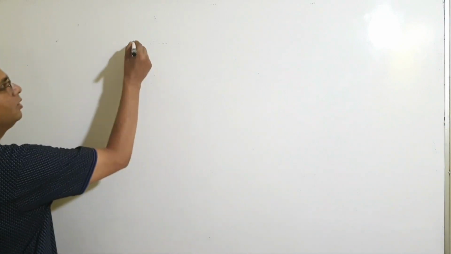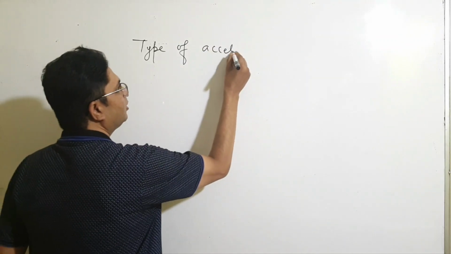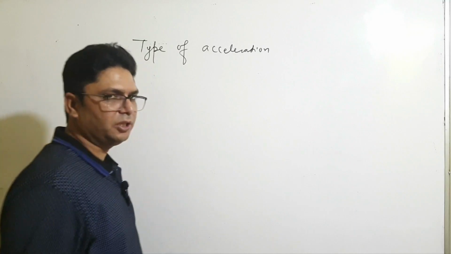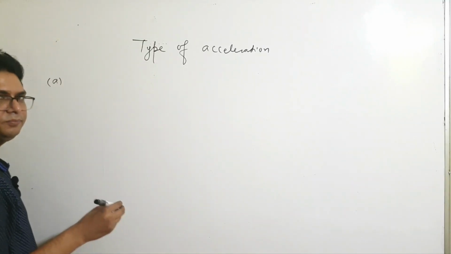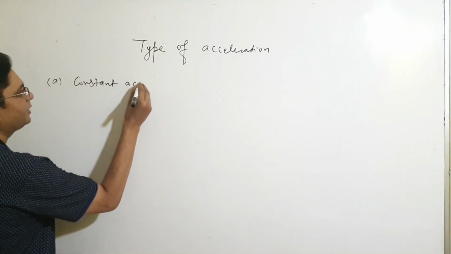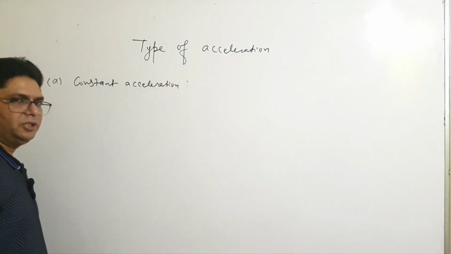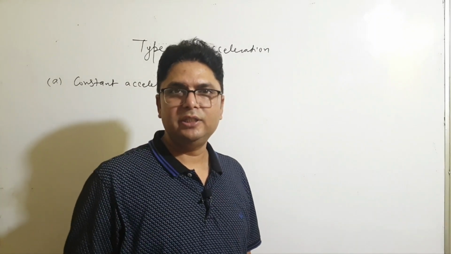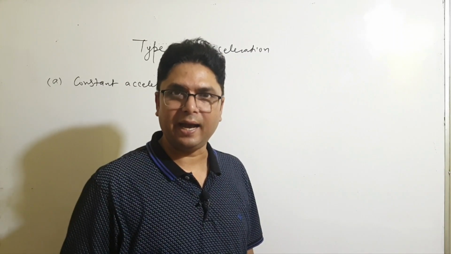Type number one is said to be constant acceleration. Constant acceleration, when the velocity of the body changes in equal amount with respect to time, it is said to be constant acceleration.